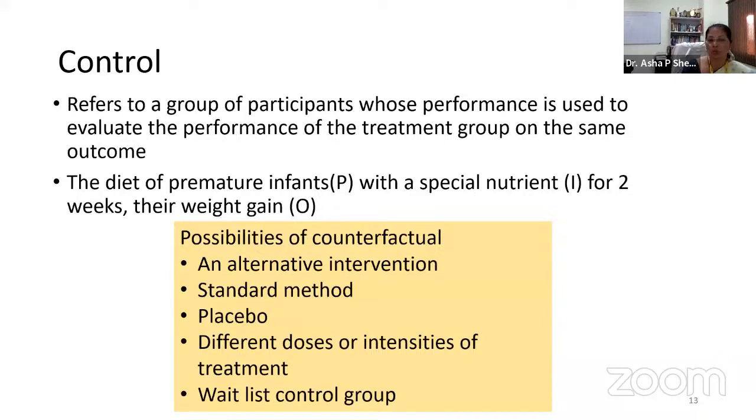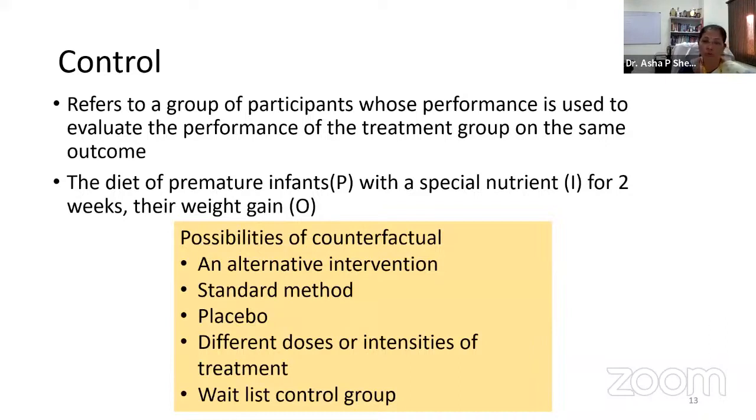This is the population, with a special nutrient. Here the special nutrient is the intervention, the duration of this intervention is 2 weeks, and the effect we are observing is weight gain. Now suppose we have given this intervention for 2 weeks and we observe the weight of the premature infants.